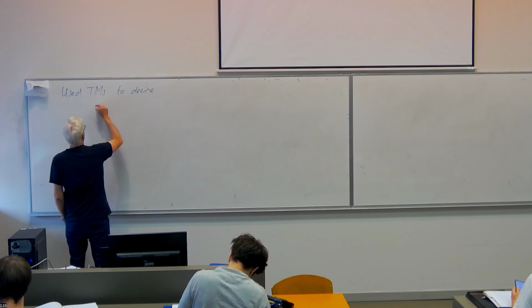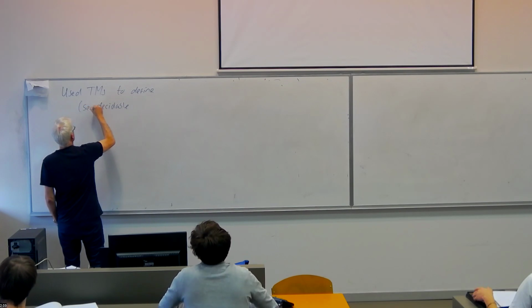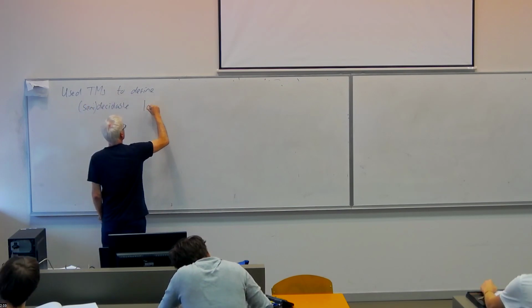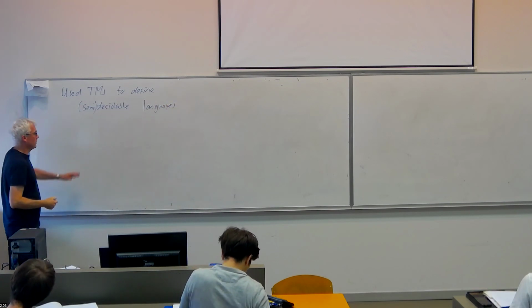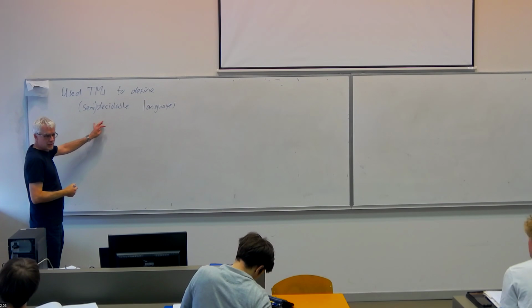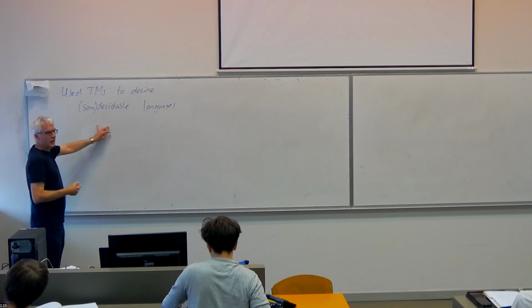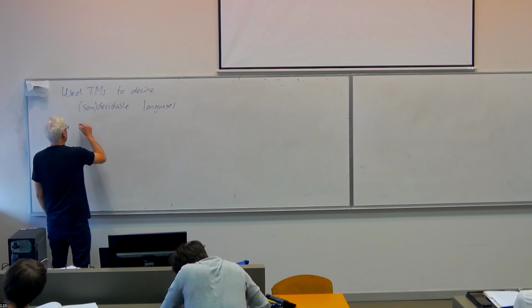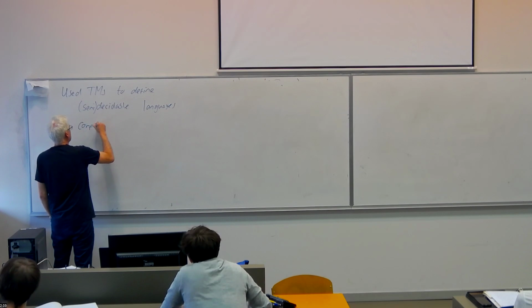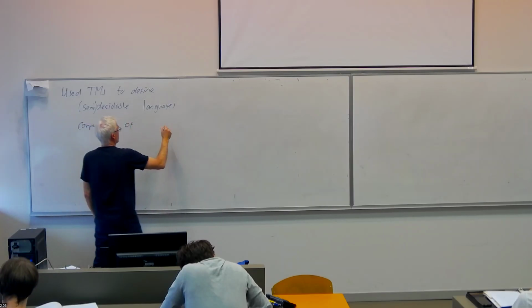So we use them to define decidable and semi-decidable languages. And also, in I think the first lecture, we used them to define what it means for a function to be computable. So computability of functions.